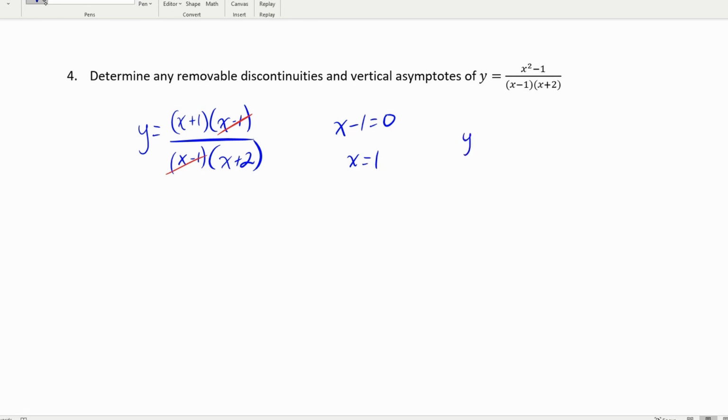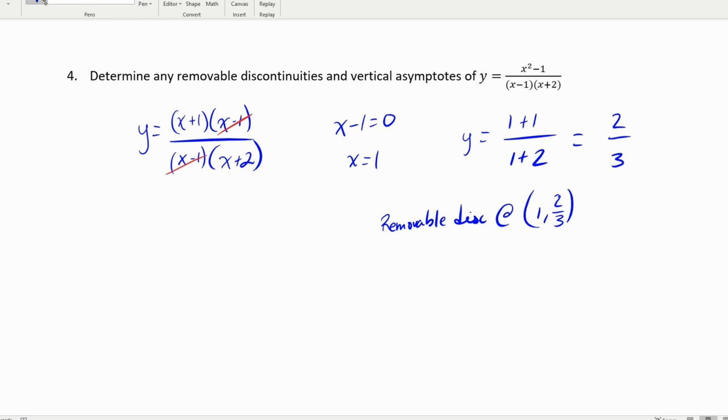So y equals 1 plus 1 over 1 plus 2, and that'll get me 2 over 3. That gets me the y value. So we have a hole, or a removable discontinuity, at (1, 2/3). And it's going to be that equation right there.